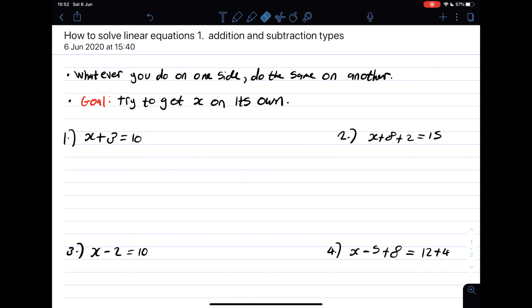Now, the goal is to try to get x on its own. For example, in question 1, you see it's x plus 3 equals 10. Now, x isn't on its own. On the left-hand side, you have x, and then you have plus 3. So you have to get rid of the plus 3 to have x on its own. Now, think of a number.